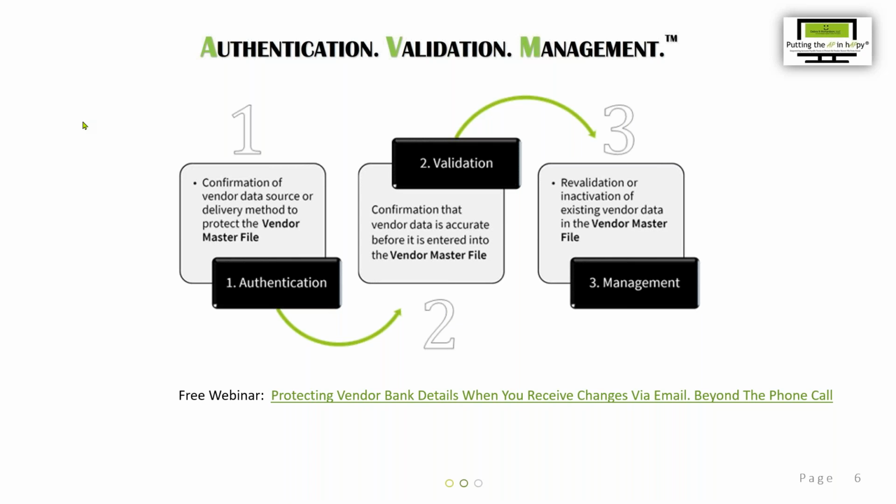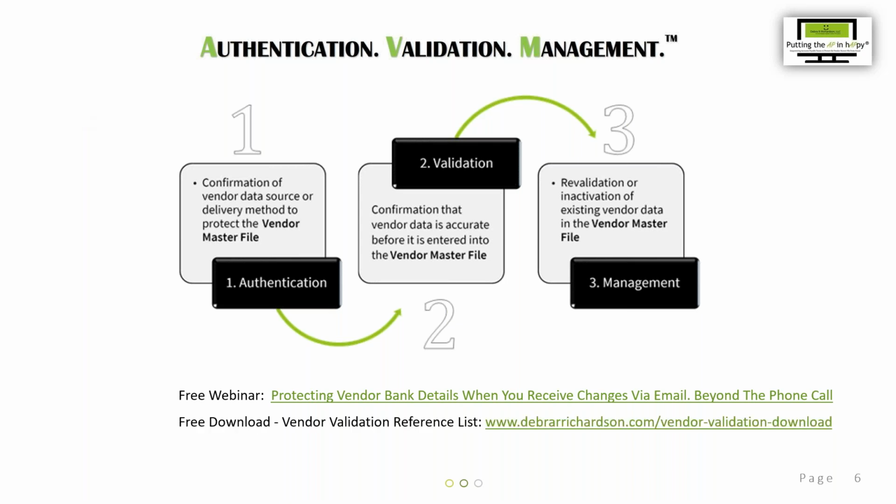Now, step 2 is validation, and that's where you want to validate vendor data before it is entered into your ERP. Some of that of which we will talk about today with the vendor validations for banking that's in the portal. But to help with that, if you're still doing that manually, I do have a free download.